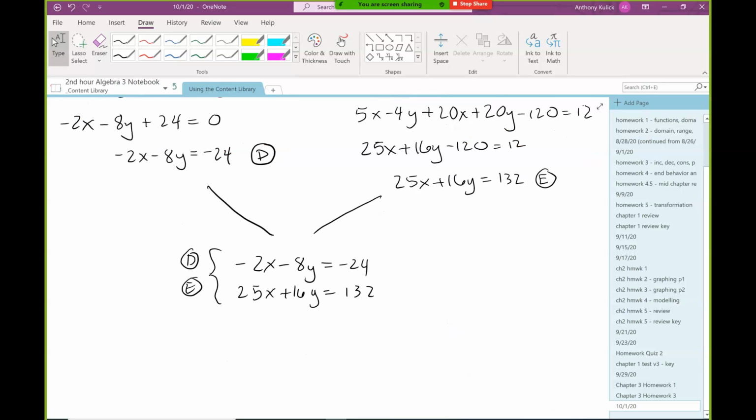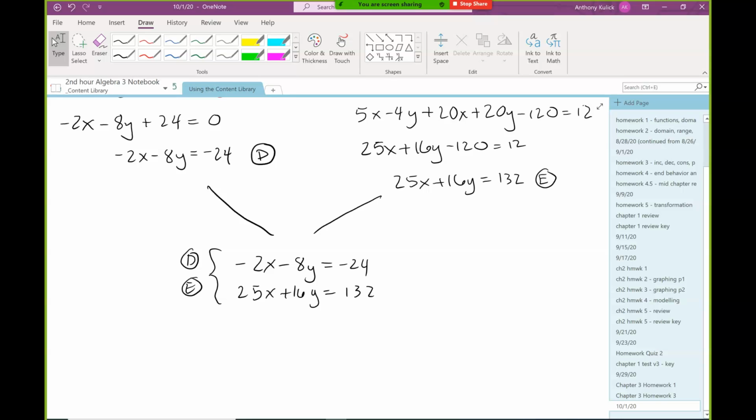So which equation and which variable would we want to isolate? Again, there's a good choice here. There's not a wrong choice, but there's a good choice. And what variable from the first one? Good. So if I get x by itself from equation D, when I divide by -2, I'm not going to be left with any fractions, right?